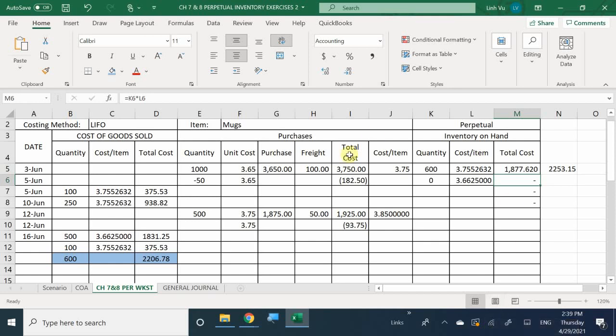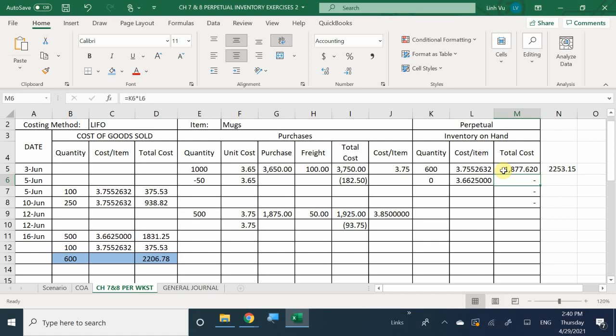So then I have a rounded number at 1877.62. You may accidentally misstate your cost of goods sold, and if you forgot about that penny, you're going to have a discrepancy of a penny between your inventory and your cost of goods sold. We have to make sure these numbers match at all times, because we need to match our expenses.